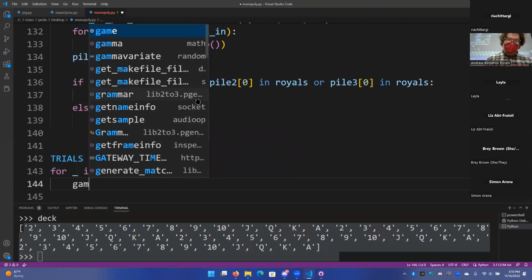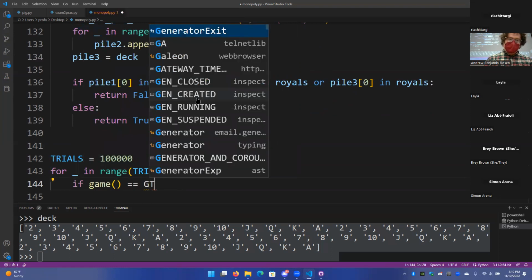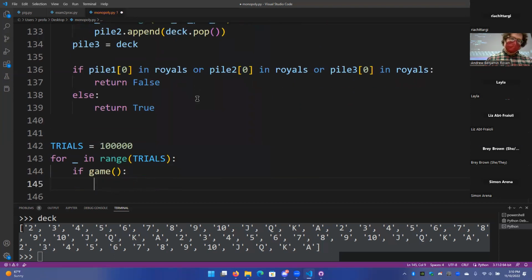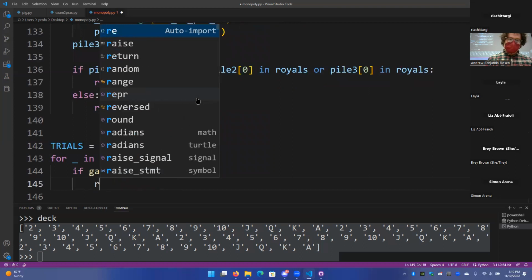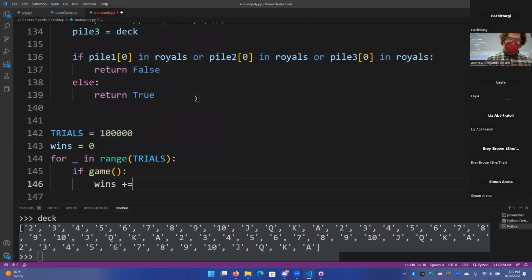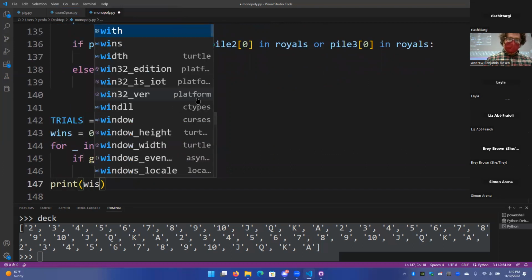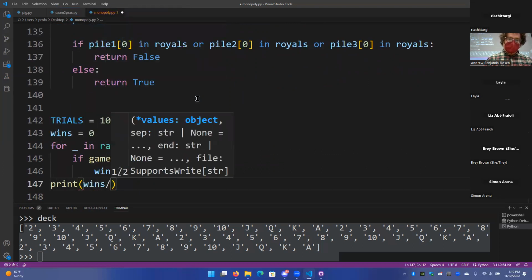We want to play a game of this, and if we won this game, so if the game is equal to true, or we can just simply say if game, wins is equal to 0, wins plus equals 1. And then we can print wins divided by trials.